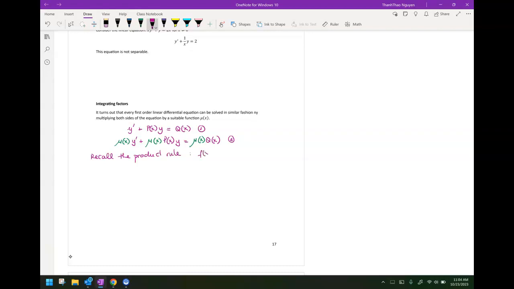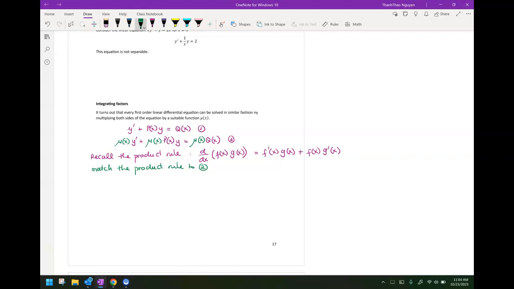When you have f(x) times g(x), d/dx of f(x)g(x) equals f'(x)g(x) + f(x)g'(x). I'll match this to the left hand side of equation 2.